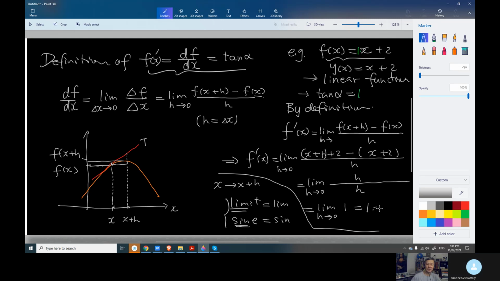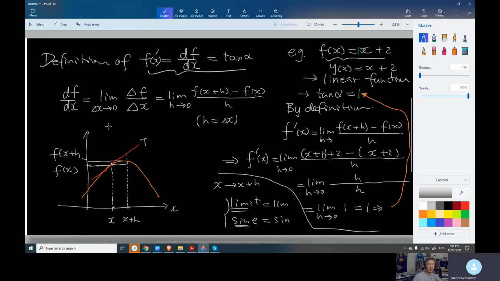What does this result tell us? It tells us the slope is 1. Yes, exactly. The general formula can also be used for a very simple function. That is what is called self-consistent: any mathematical or physical theory must be self-consistent.